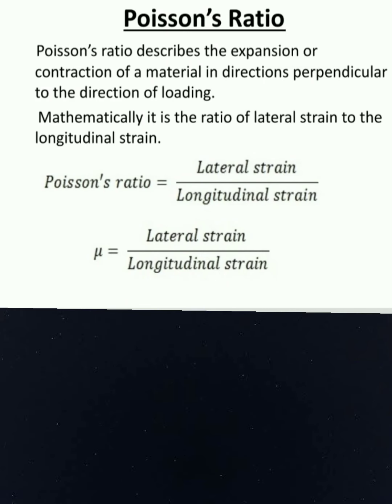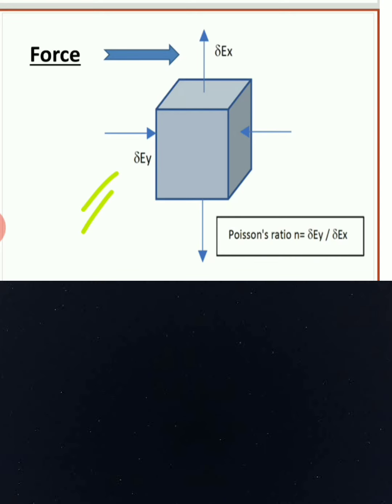Come to Poisson's ratio. Poisson's ratio describes the expansion or contraction of a material in the direction perpendicular to the direction of loading. Mathematically, it is lateral strain upon longitudinal strain, represented by mu. Now see this object. Here, the force F is applied in the longitudinal direction. You can see that a tensile force is applied. Because of this force, there is contraction in the lateral direction.